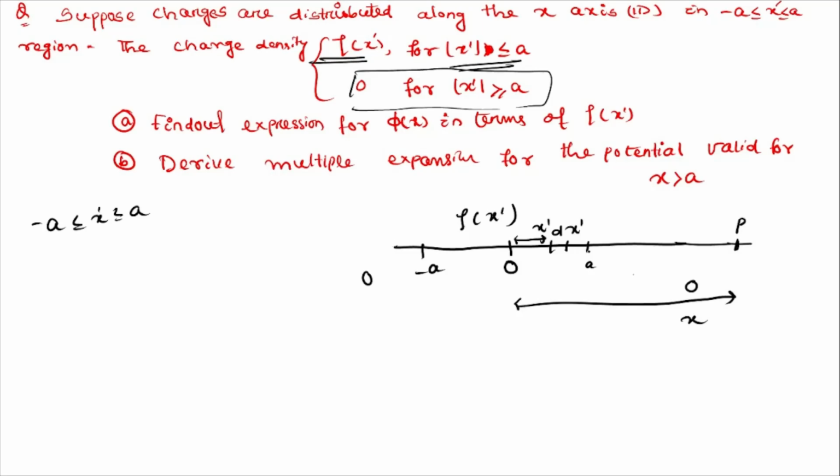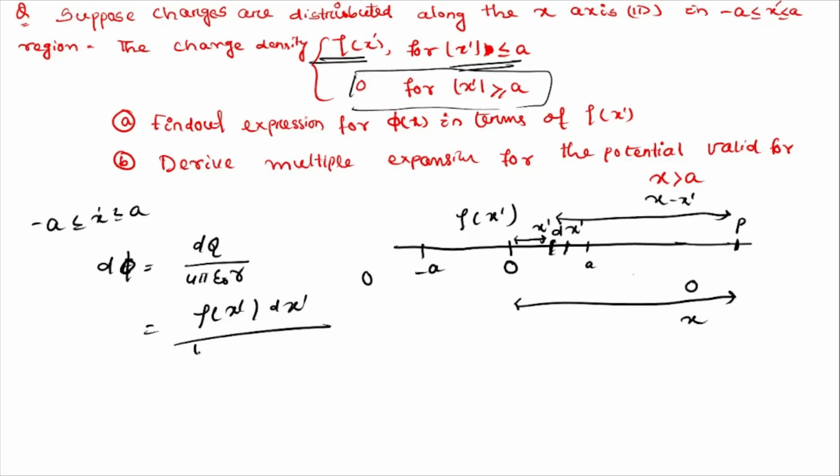Then with respect to the length element, my distance will be x minus x prime. The electric potential due to the length element will be dq upon 4 pi epsilon naught r, and here dq will be rho x prime dx prime, and r is the distance, which will be x minus x prime.